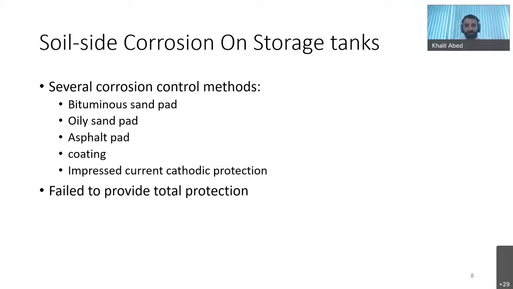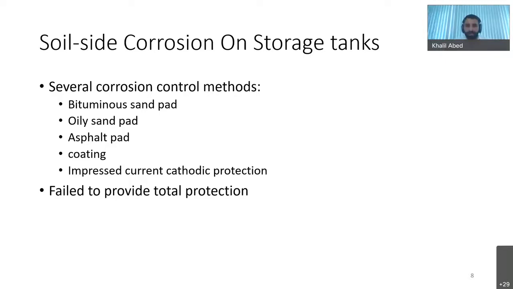However, the total effectiveness of these techniques, standalone or combined, has been questionable in providing the required protection against soil side corrosion. And this is because, in many cases, when the tank owners take the tank out of service and scan the floor, they see there is an active soil side corrosion.